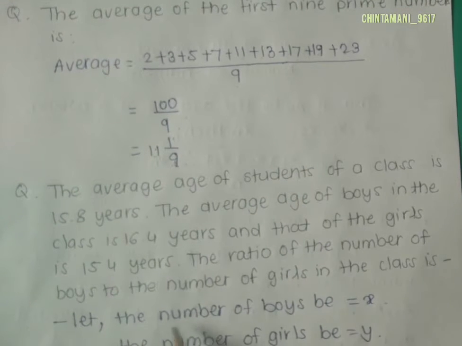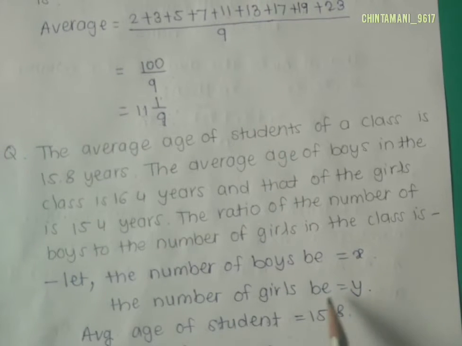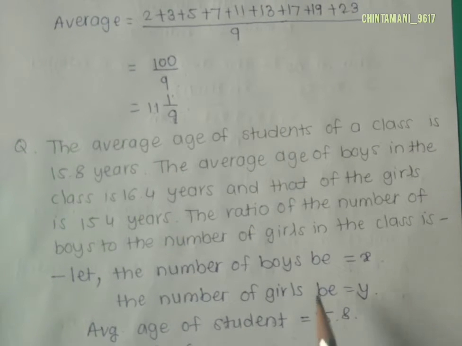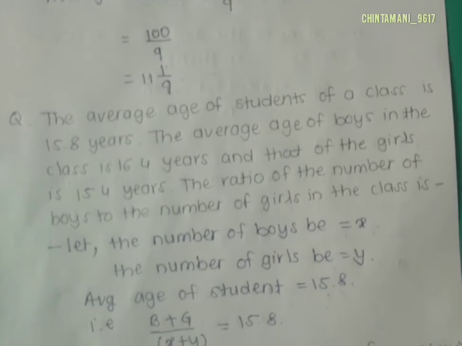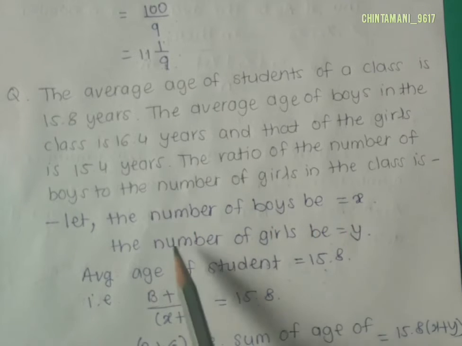First, let's assume the number of boys is x and the number of girls is y. The average age of students, that means of boys and girls together, is 15.8. So the average age means the sum of ages of boys plus girls divided by the number of students, x plus y, is equal to 15.8.